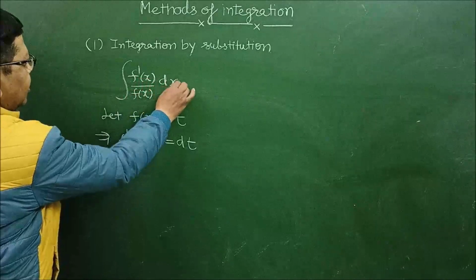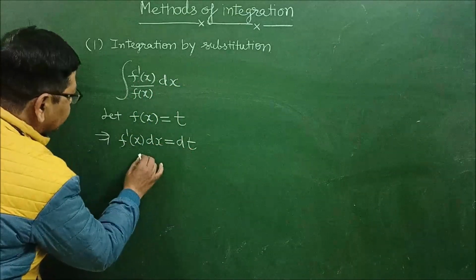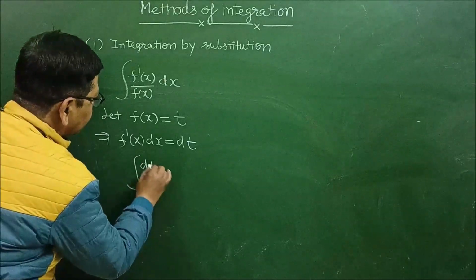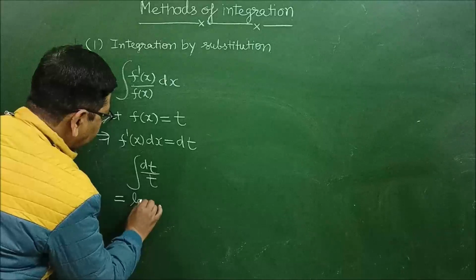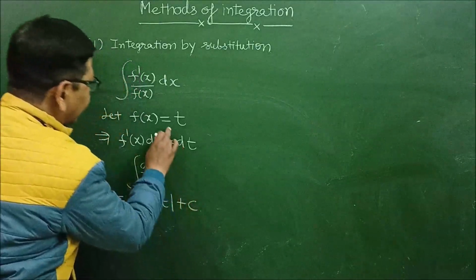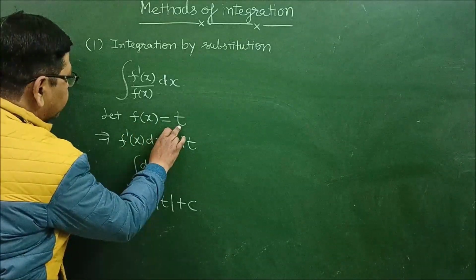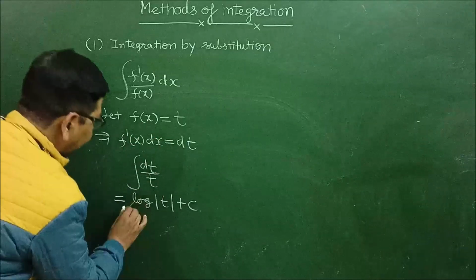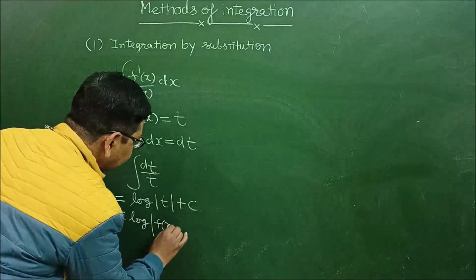F dash x dx will be replaced in the original integral by dt. So we get dt upon t, which is equal to log of mod t plus c. Now putting the value of t, which is equal to fx, we get log of mod fx plus c.